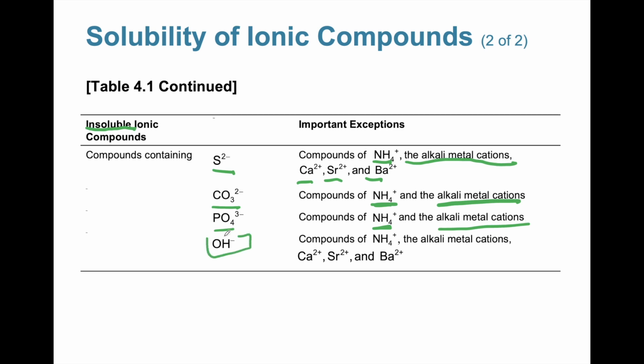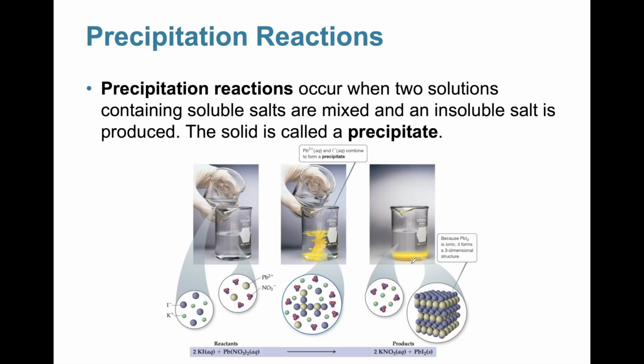And the hydroxides are mostly insoluble except for the ones of ammonium, and also all the metals of group 1, the alkali metals. In addition to that, calcium hydroxide, strontium hydroxide, and barium hydroxide are soluble. Again, I won't make you memorize this chart, but you'll need to use it to figure out whether or not a reaction is going to produce a precipitate, something that's not going to be soluble in water.